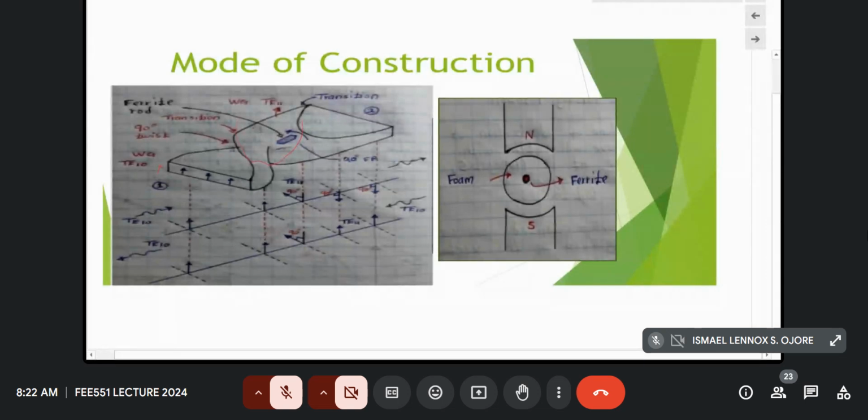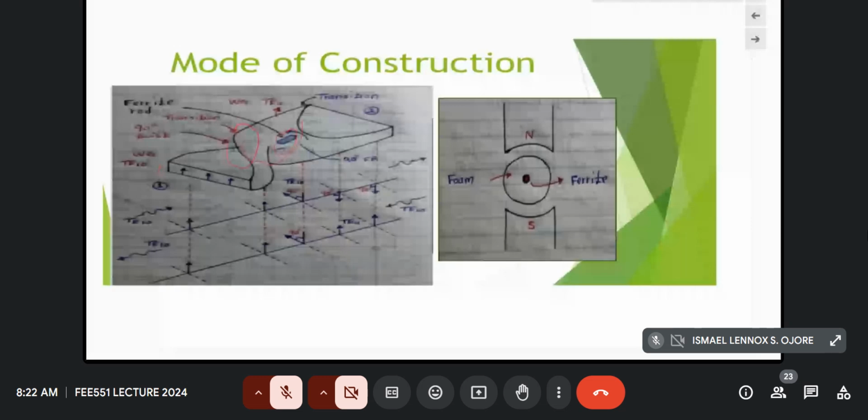Here is a twist that will give us a transition. And then here we'll have a ferrite device, in our case the gyrator. Then from there, we will transition back to the rectangular waveguide.